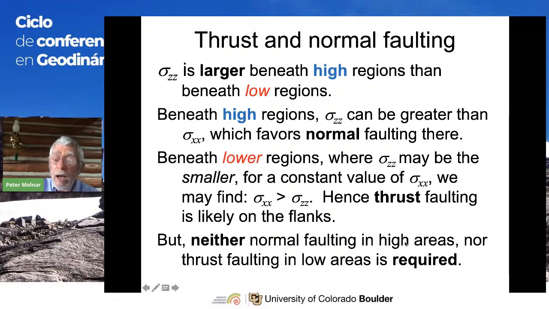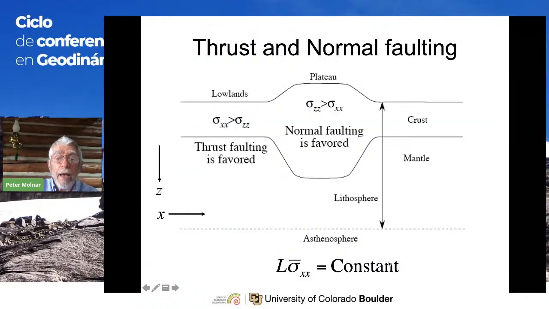But I insist that what I've told you does not guarantee this. Neither normal faulting in high areas nor thrust faulting in low areas is required. And the reason is we don't know what sigma xx is. This constant allows that constant to be whatever the world has given us, or for whatever reason nature has provided a horizontal compressive stress. It can be big, it can be small. But you can easily imagine beneath the plateau, sigma zz will be greater than that horizontal compressive stress.